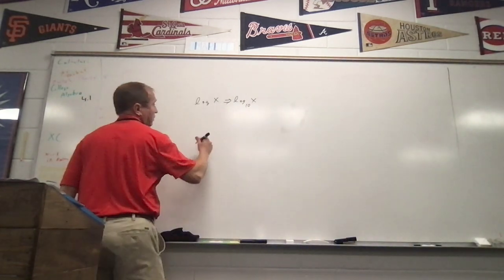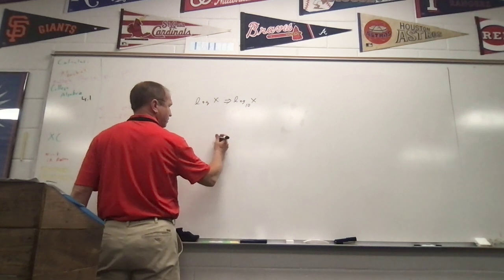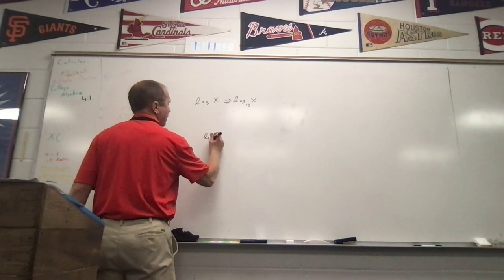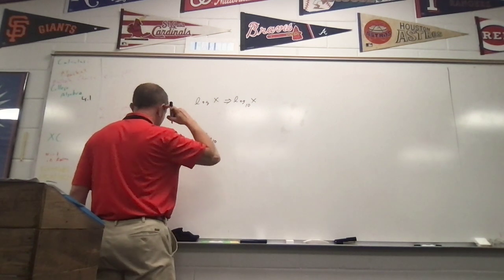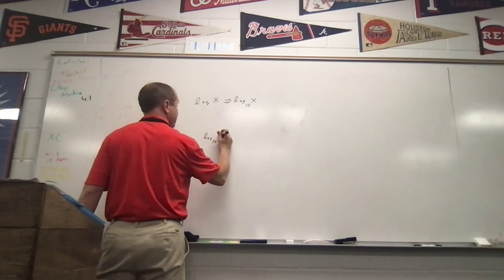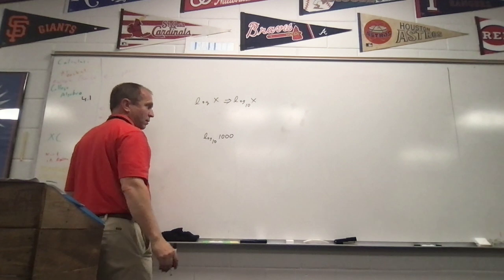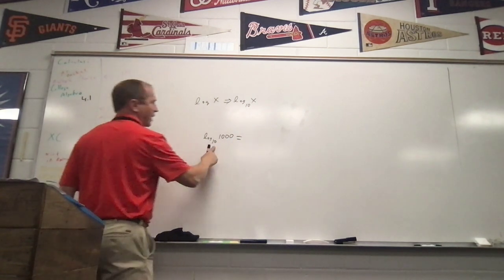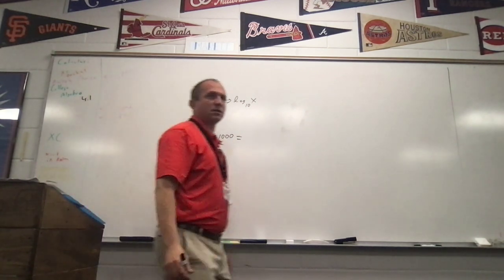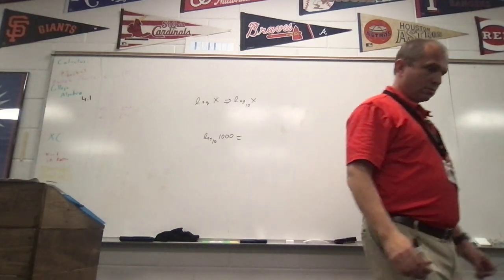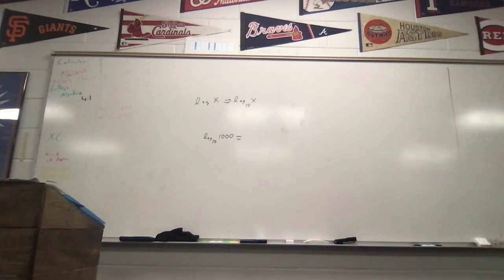So if we have the log base 10 of 1,000, and we want to solve that, what do you raise 10 to get 1,000 as the solution? Well, what's 10 times 10?